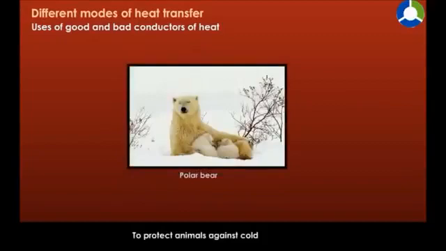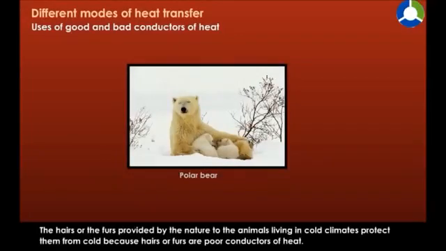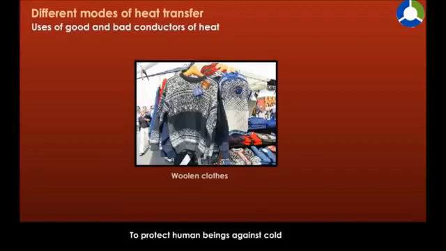To protect animals against cold. The hairs or the furs provided by nature to the animals living in cold climates protect them from cold because hairs or furs are poor conductors of heat. To protect human beings against cold.